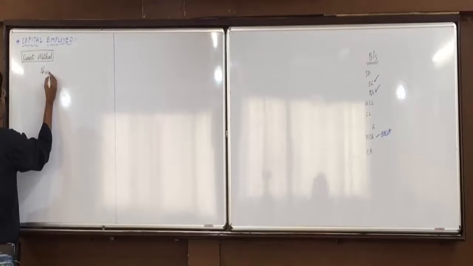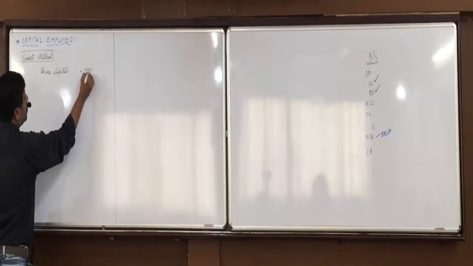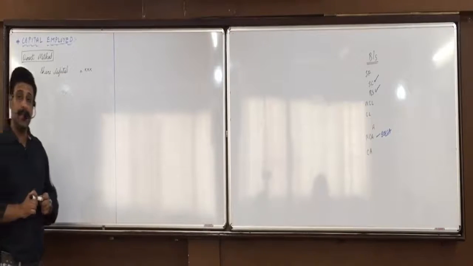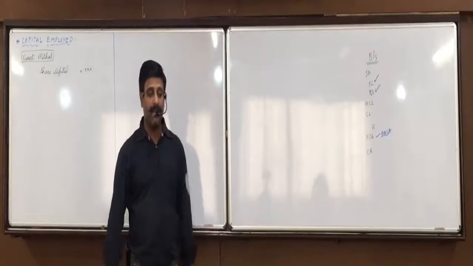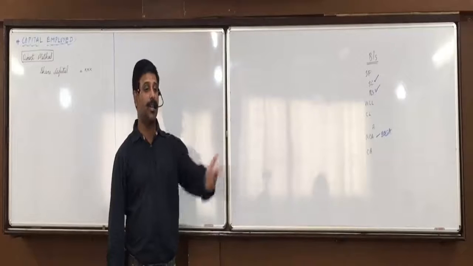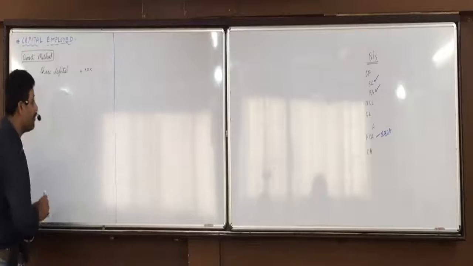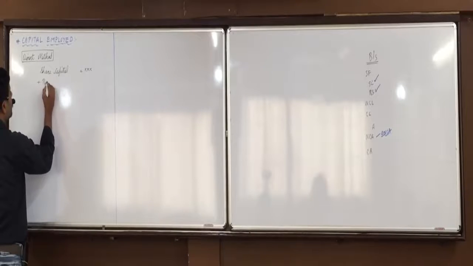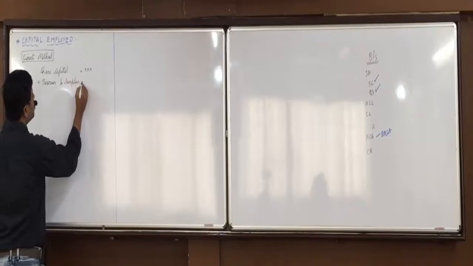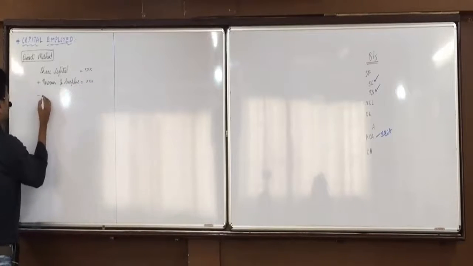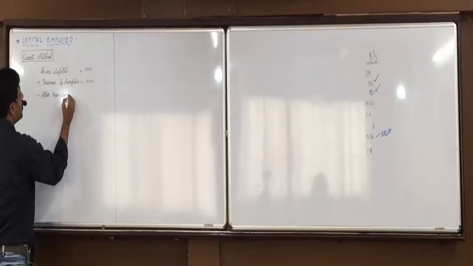Share capital will include equity share capital as well as preference share capital. But when we find goodwill for the valuation of shares, we always do valuation of shares from the equity shareholders' point of view. In that situation, we include only equity share capital. Plus reserves and surplus and minus other non-current assets.